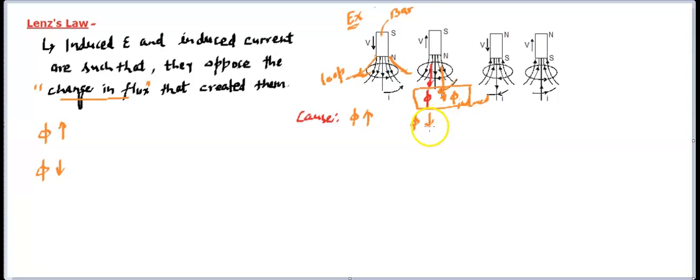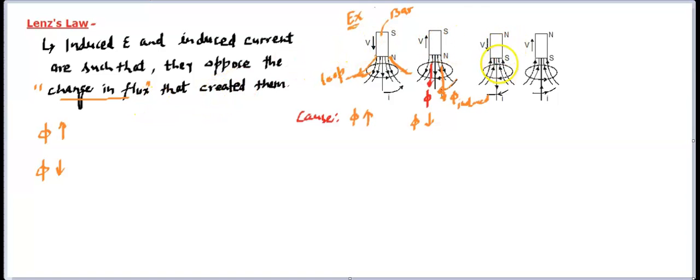So in this case, you'll find the induced flux should come in the direction of the original flux, so that it opposes the reduction in flux. So in a nutshell, we can say if the flux is increasing, then the induced flux must be opposite to it, and if the flux is decreasing, then the induced flux must be in the direction of the flux. So this is the crux of Lenz's law.